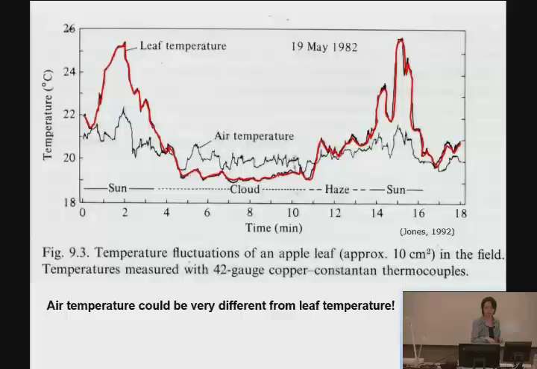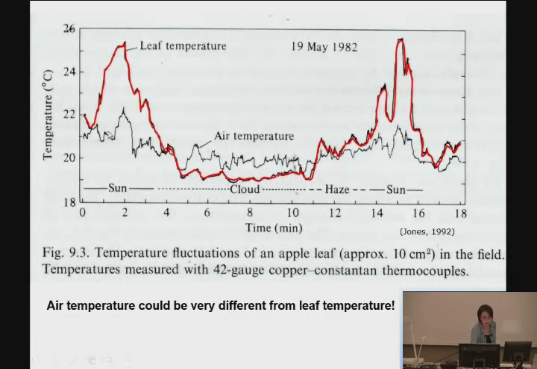Probably in Washington State or somewhere, the weather is fluctuating, sunny and cloudy and hazy within that short period of time. The black line is the air temperature. It's not large, up and down, relatively consistent. It's outside, okay, 18 minutes.